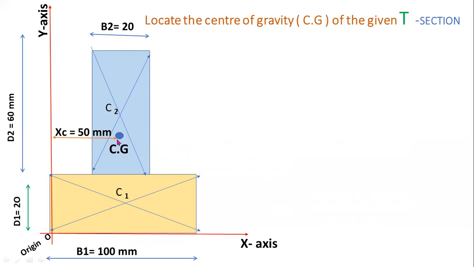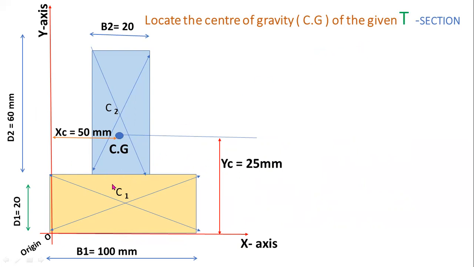In a similar way, yc is the distance of the centroid or center of gravity from the x-axis. yc equals A1 y1 plus A2 y2 by A1 plus A2. So this is the final answer for this problem.